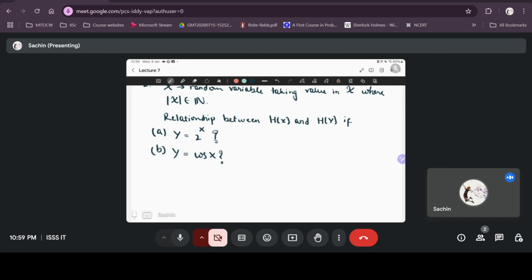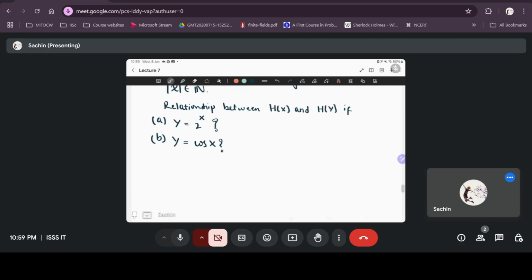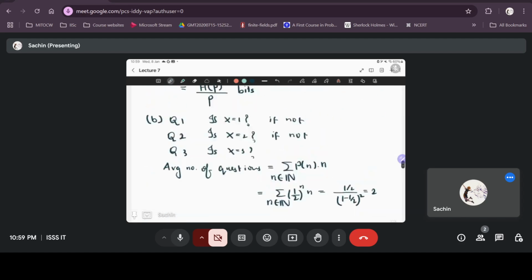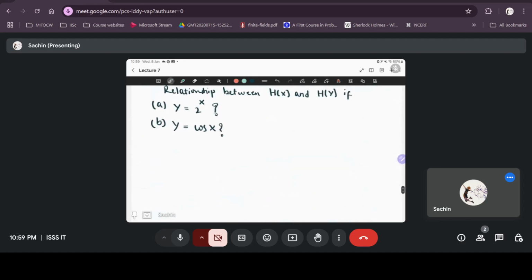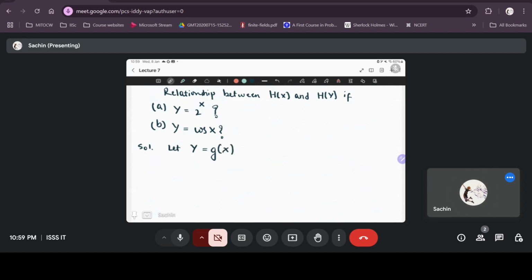So I'll do this for a general function. So I'll say y is g of x, where y can take values small y from script y.